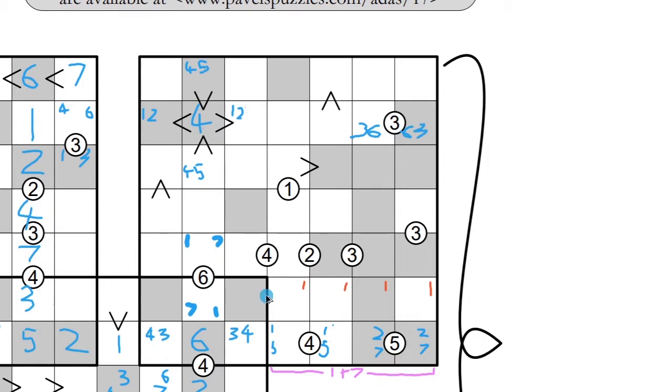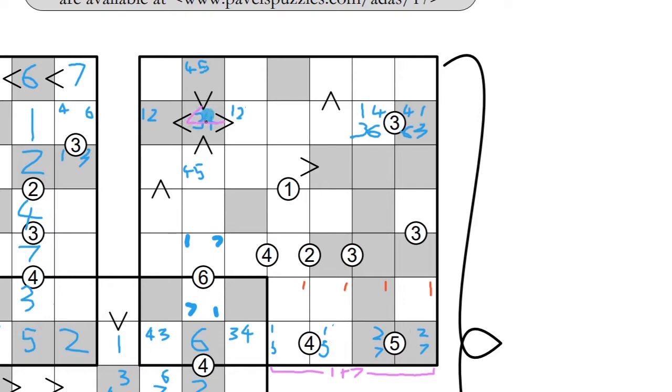We have a problem. Oh, okay, there must be something wrong here. Because I think I've just also proven that can't be a 4. Because if that's a... Oh, that's not the right thing.